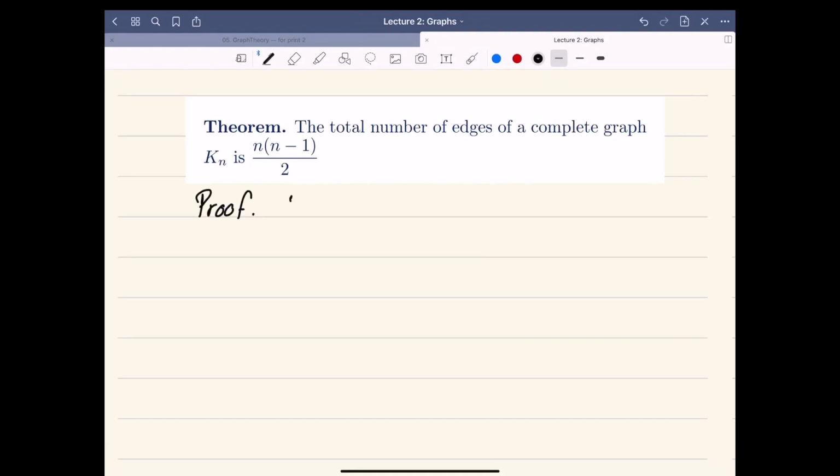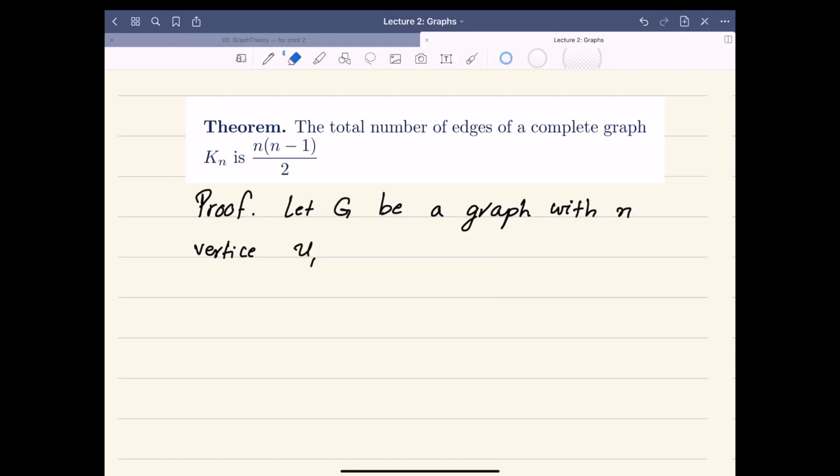First, we will say let G be a graph with n vertices, and give them labels V1, V2, up to Vn.